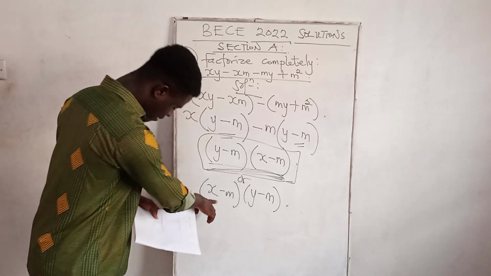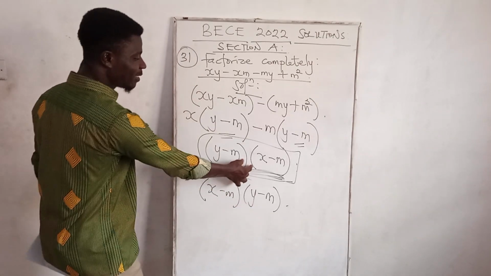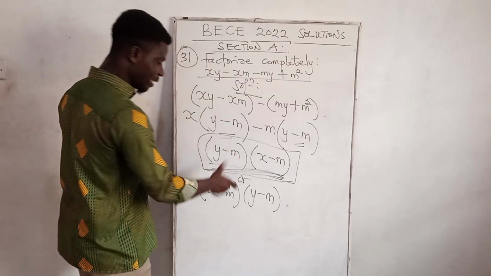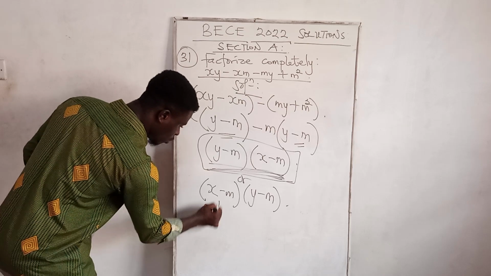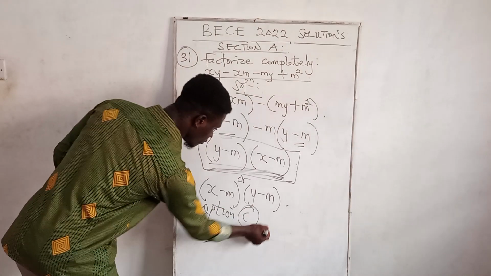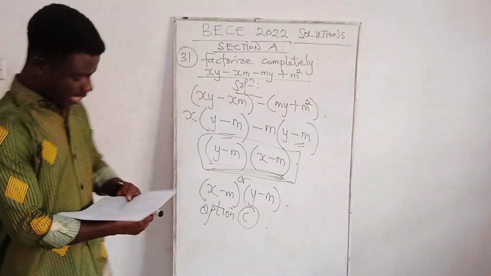So x minus m, y minus m is the same thing, since multiplication is commutative, so you can interchange that. Which is option C. Option C: x minus m, y minus m.